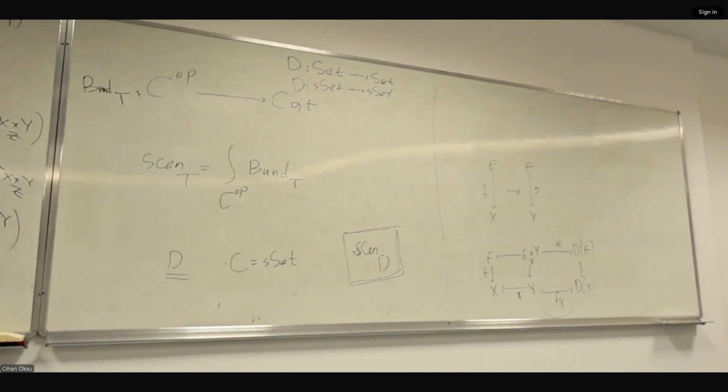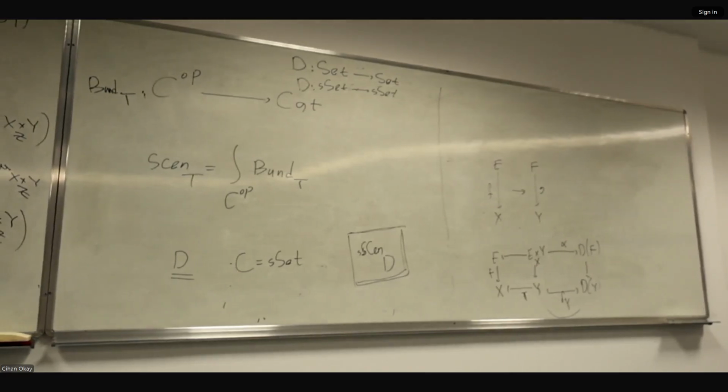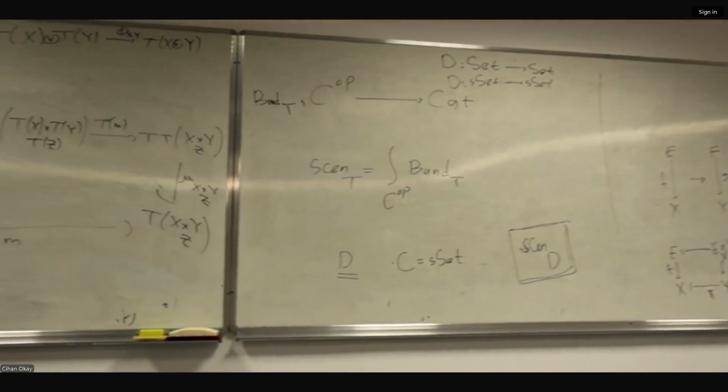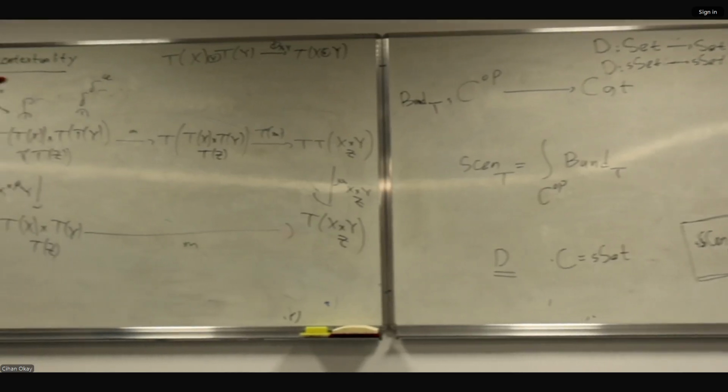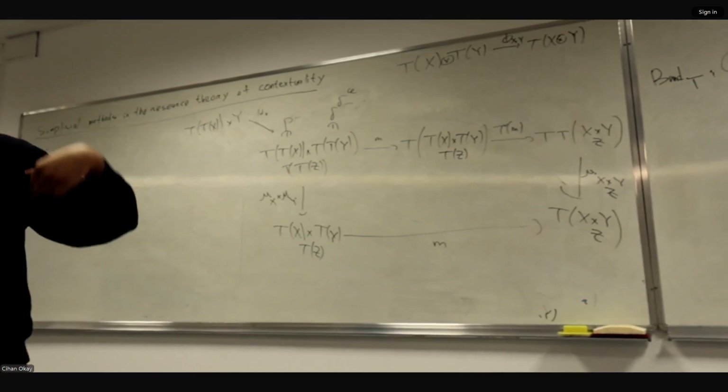Okay, so we have this, but we also want to define the simplicial distribution functor. But again, sorry, it's this one. We need the identity here to get our category from the beginning.